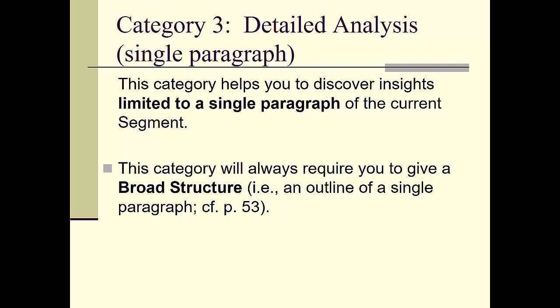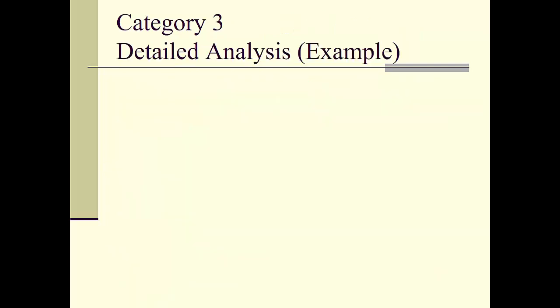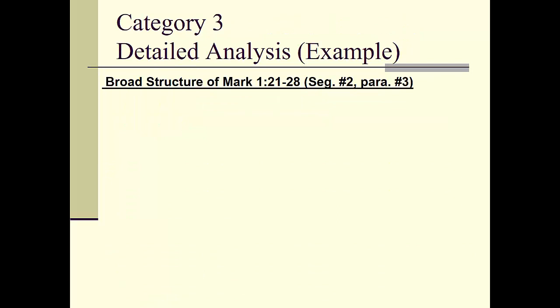When we're working with category 3, we want to have our observation anchored in, informed by what we already saw in the broad structure. It assumes that we've already established a broad structure for the outline, for the paragraph. So let's take a look then at detailed analysis of category 3.